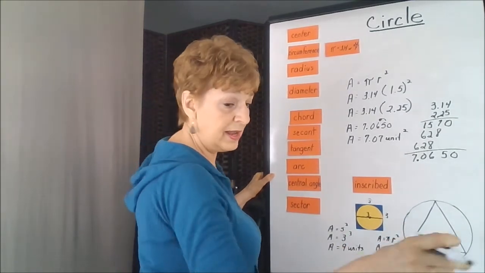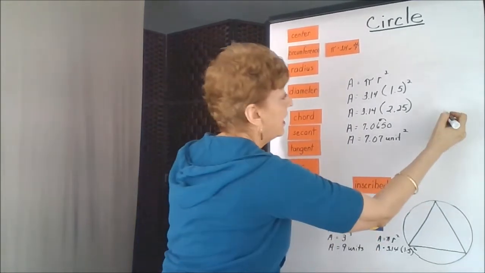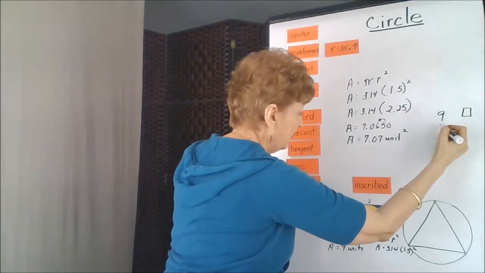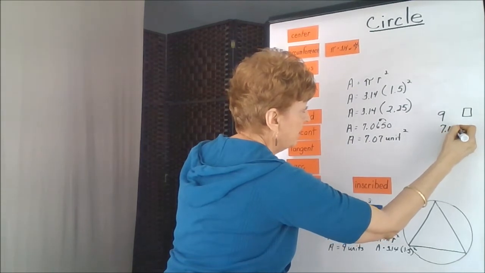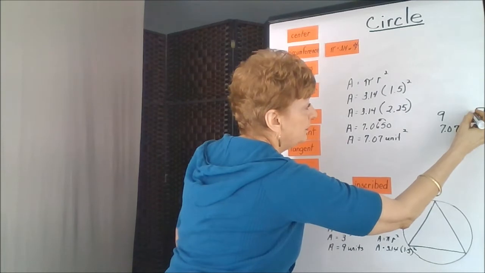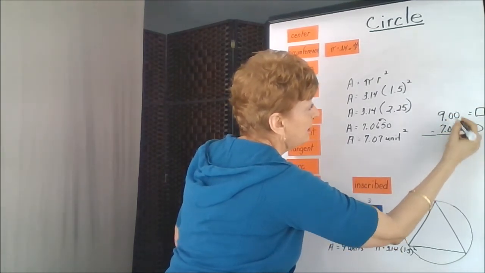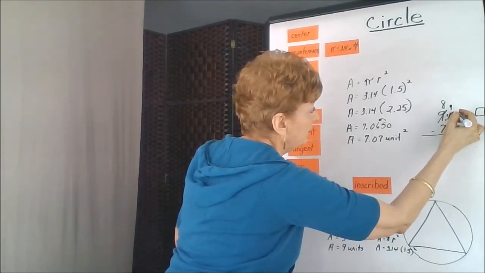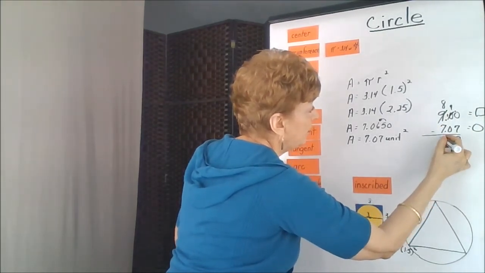So now my calculation is to subtract 9 for the square, that's the square, and I'm going to subtract off 7.07, that was the circle. Let me move that over a bit. Now I'm going to borrow here. 10 take away 7 is 3, 9, and 1.